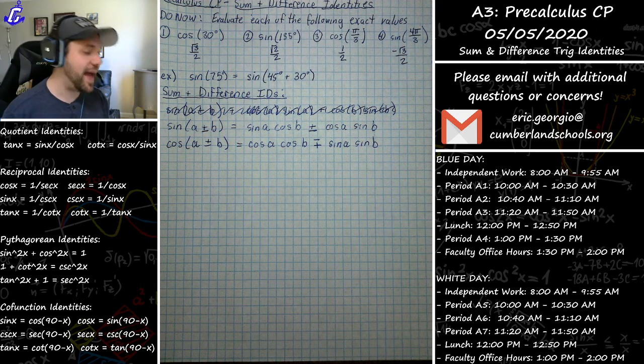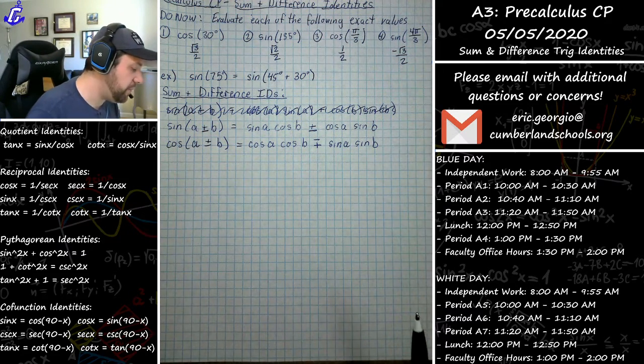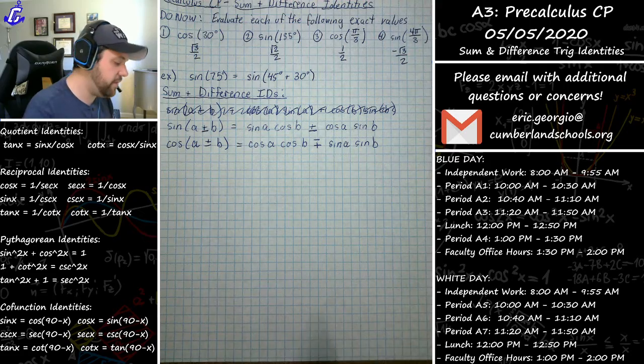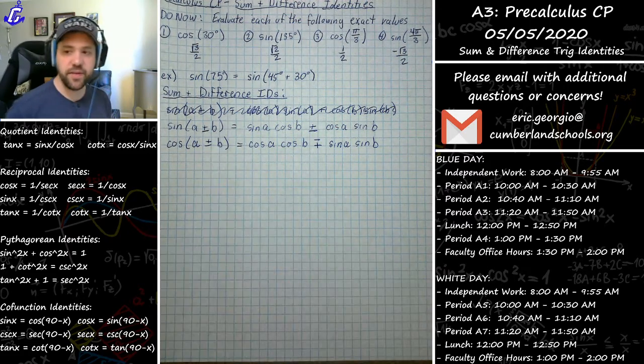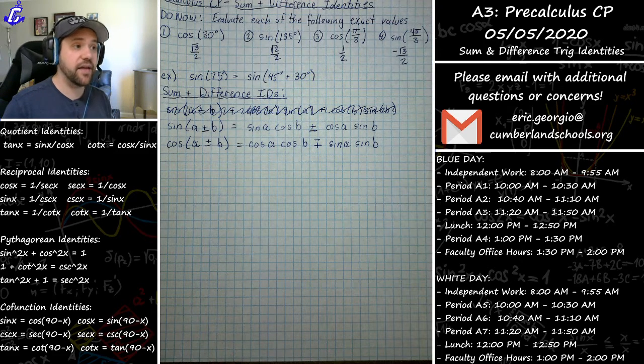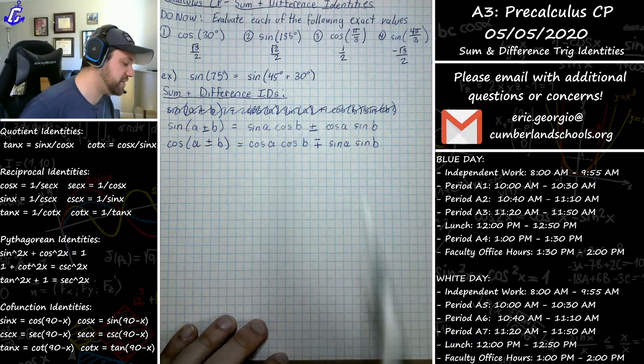So how does that actually help us going forward? Well, the way that would actually help us is we can use these identities now to break down something like that. You could say that the sine of something like 75 degrees, correct, is the same as the sine of 45 plus 30.